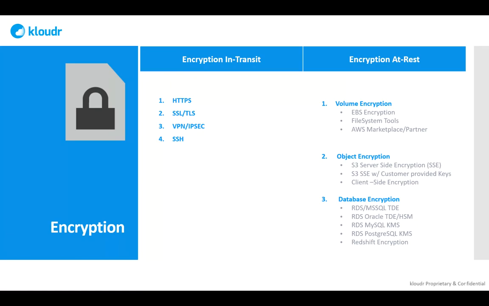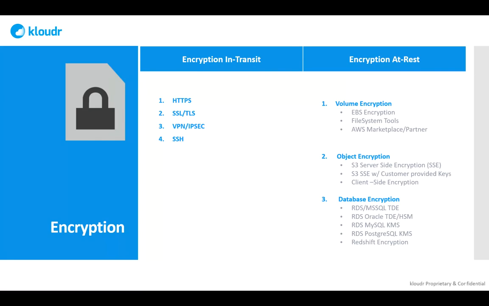It will be encrypted by a managed key from AWS. You can also encrypt the file system, or use any other third-party security provider available on the AWS marketplace. This is related to the volume encryption.